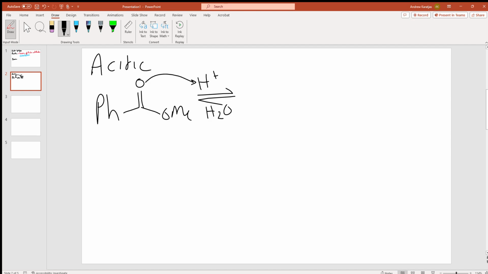And since we're under acidic conditions, our nucleophile is a neutral compound, water, not such a great nucleophile. So that's what our acid catalyst is going to do. Again, it's going to activate our carbonyl so that our not so great nucleophile water can attack.